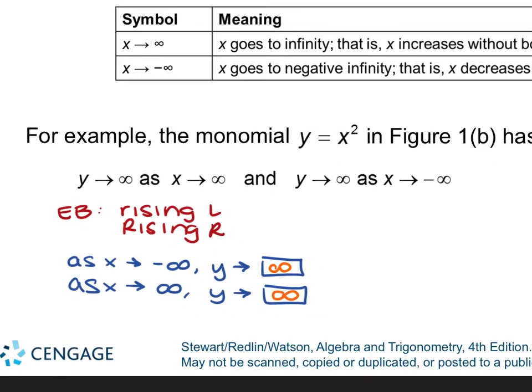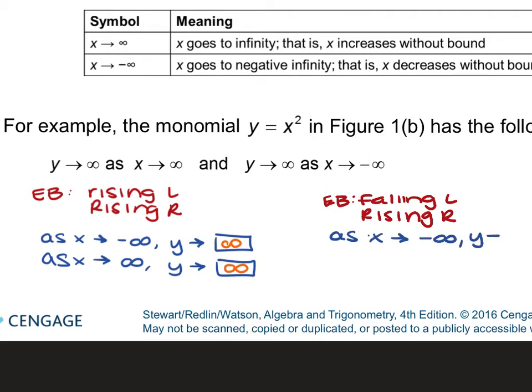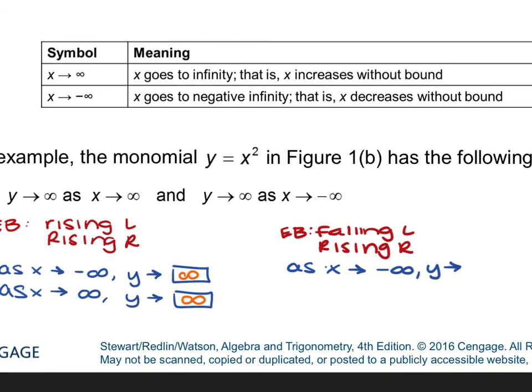If you have opposites, like if we're falling left, rising right, we would say as x goes to negative infinity, y goes to where? Well, as we're going to the left, what's happening?